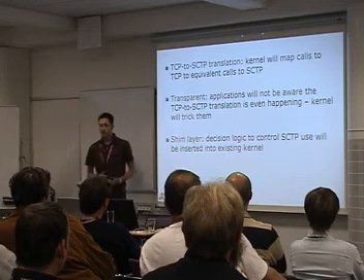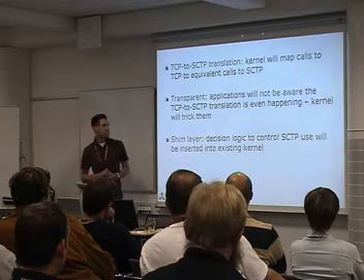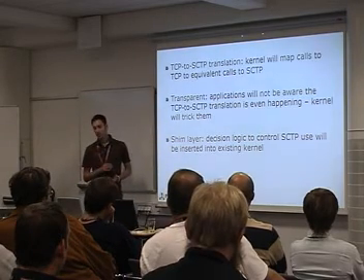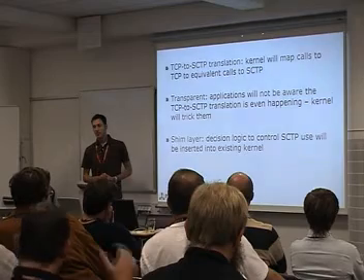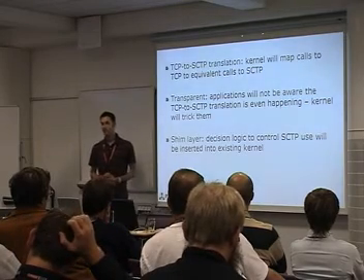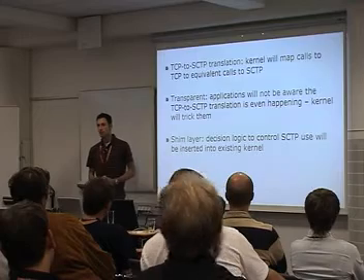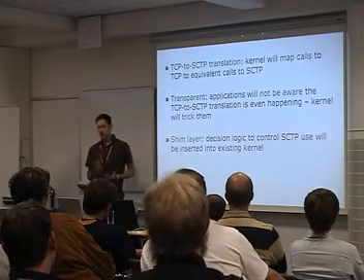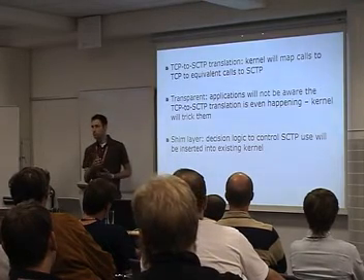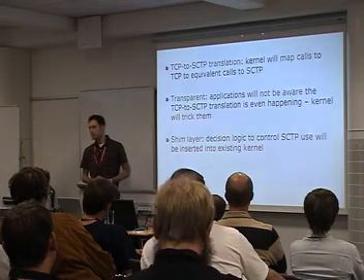So the idea of the project, we're translating TCP calls into the kernel to SCTP. Simple enough. The transparent part of this is that applications won't know this is happening. So the application is a TCP application. It's written in the normal style that you would write a TCP app.